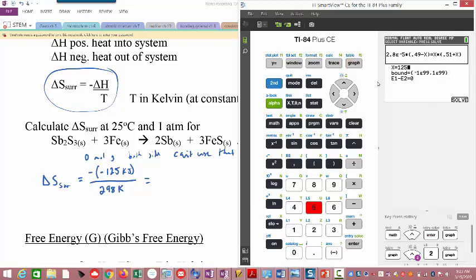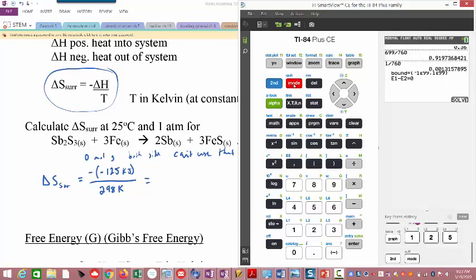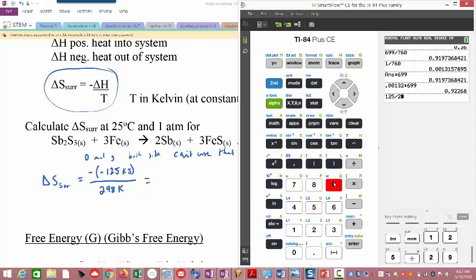So we have 125. Whoa, really need to get out of that math thing from solving equilibrium problems. All right, now let's try this again. 125 divided by 298. Just looking at that, we know it's going to be a half-ish.